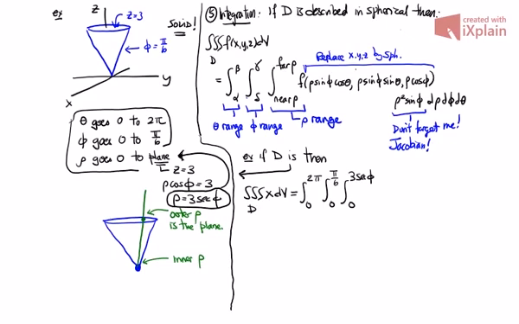Then we have an x. X becomes rho sine phi cosine theta, and that is x. Then we have the Jacobian, which is rho squared sine phi. And then we have d rho d phi d theta. Right? And then that just gets evaluated.